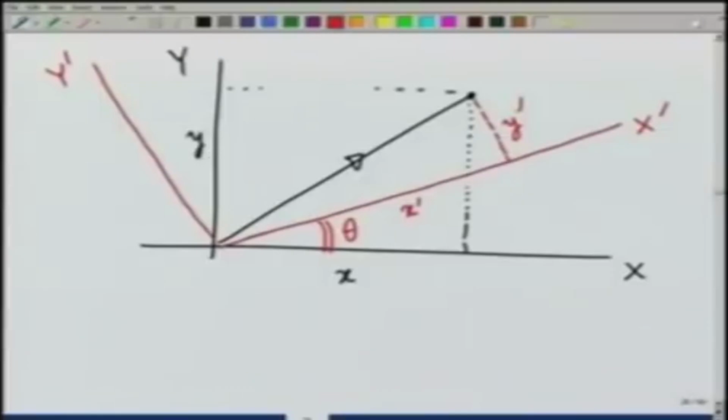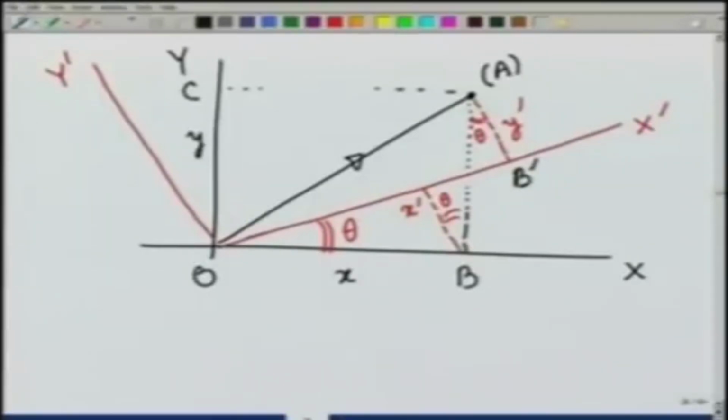You can also see that this angle is also theta. Let me also draw a perpendicular from here to here. This angle is also theta. Let this point be A, B, C. This is the origin. Let this point be B prime.